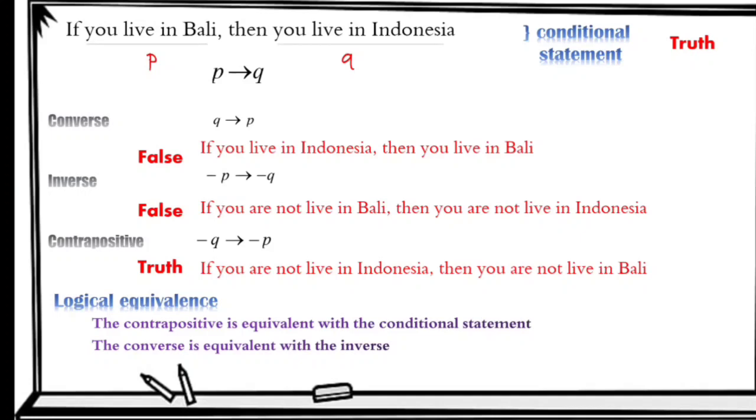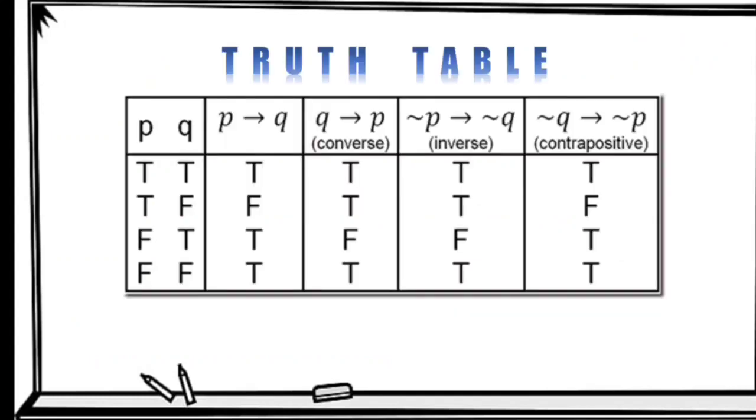The last one, we are going to talk about the truth table. This table shows the truth value of the statements based on the truth values of the hypothesis and the conclusion. So, if P is true and Q is true, the conditional statement, the converse, the inverse, and the contrapositive are true.